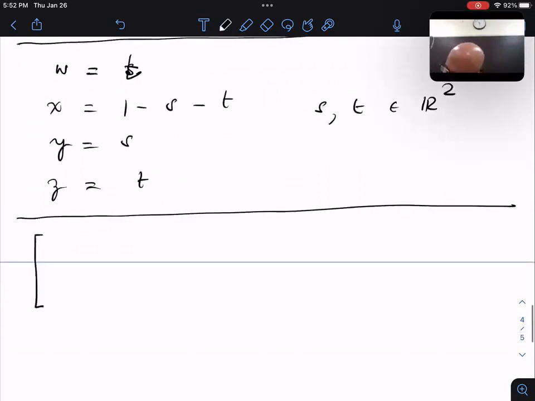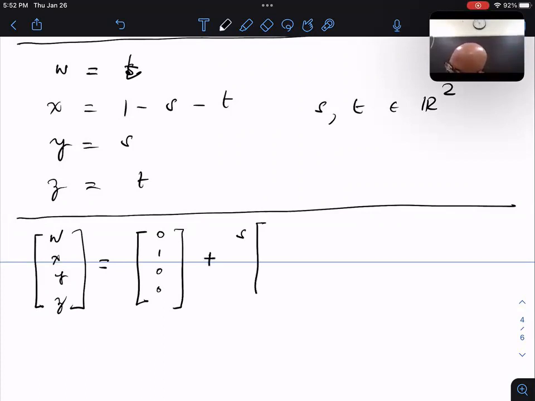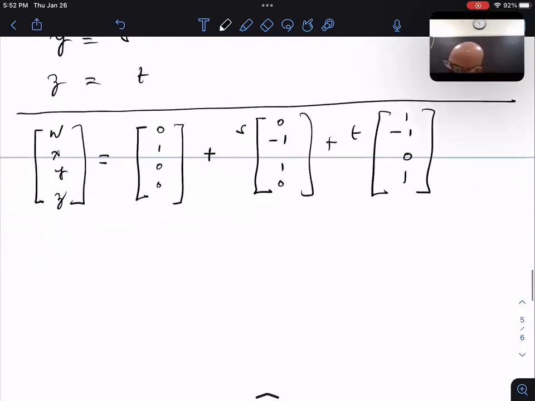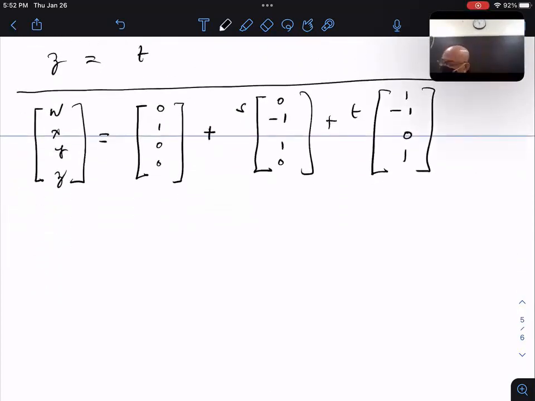So that means WXYZ is equal to 0, 1, 0, 0 plus S times 0, minus 1, 1, 0 plus T times 1, minus 1, 0, 1. Okay? Clear?